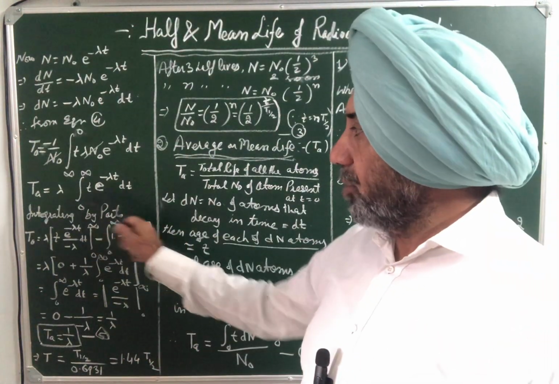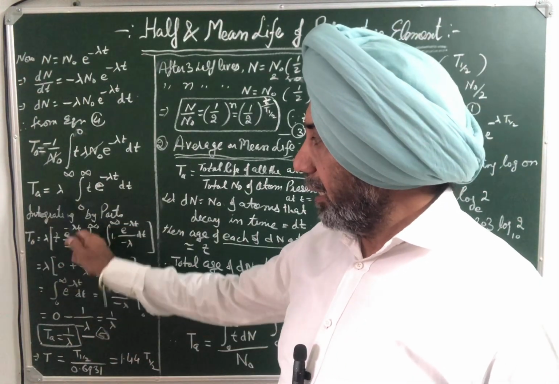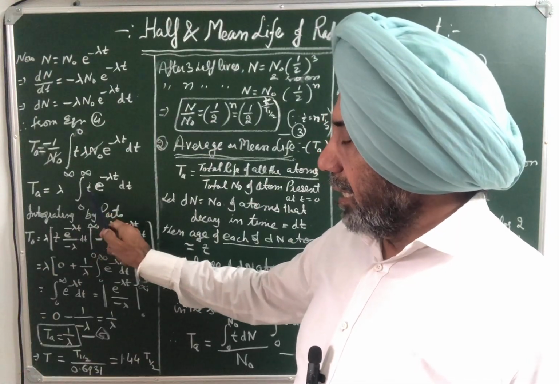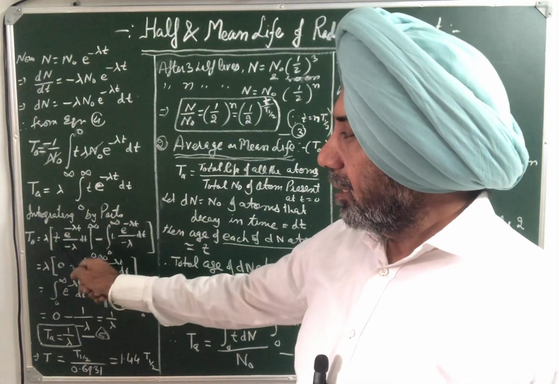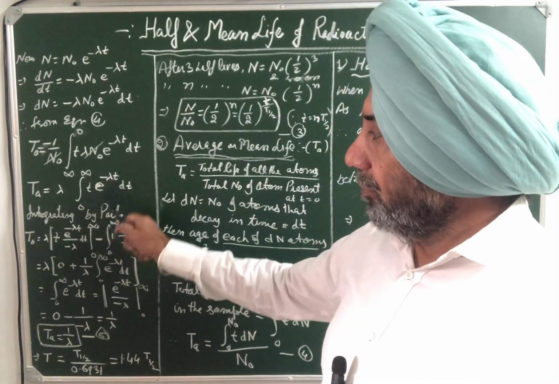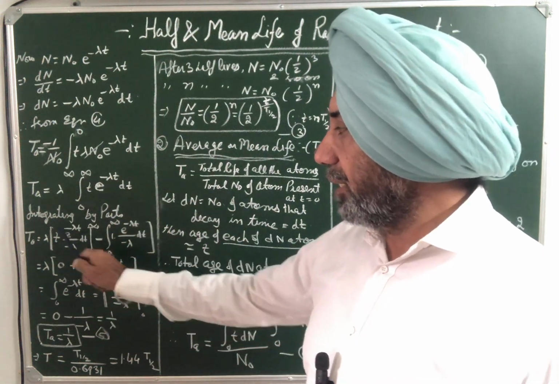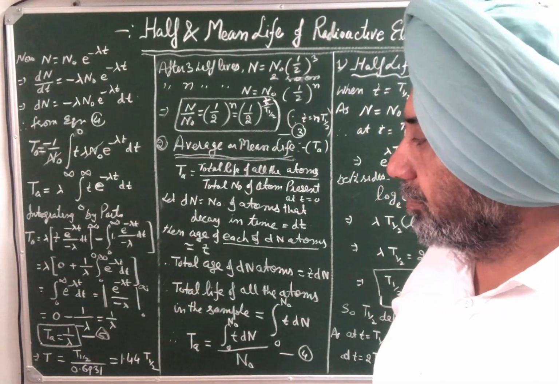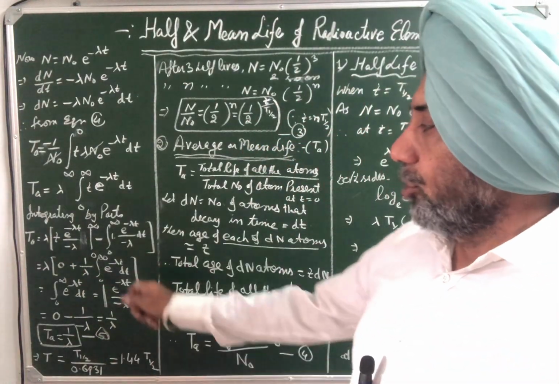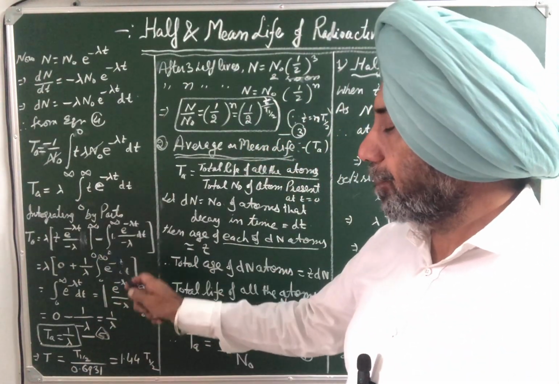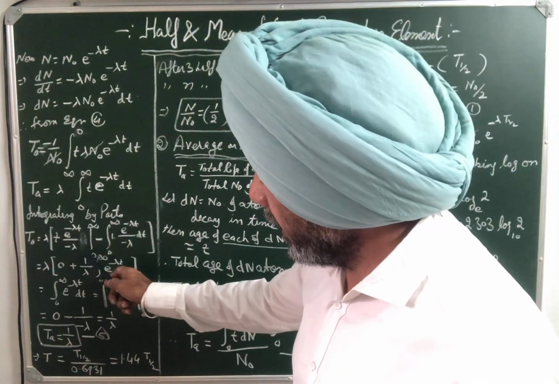So integrating this equation by parts, this is the first function, this is the second function. So t average is given by lambda. Now integrate, we have the first function as such, t, then the integral of e raised to minus lambda t, that will be e raised to minus lambda t upon minus lambda, limits 0 to infinity, minus integral 0 to infinity.